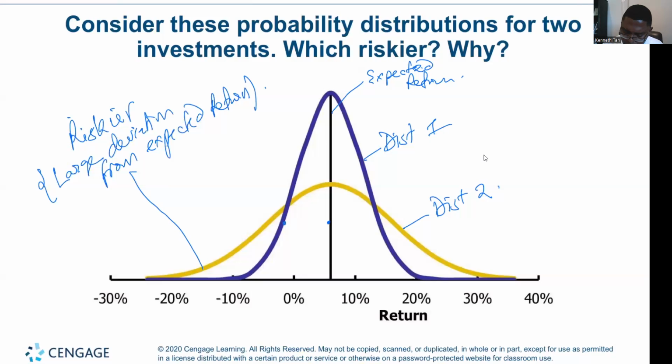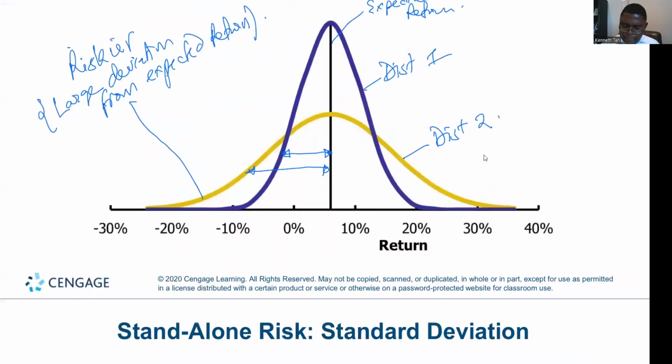Unlike this first one, the outcome can be at this point or this other point, which is a much larger deviation from the expected return, and that is a measure of risk. The larger the deviation from the expected return, the larger the risk.